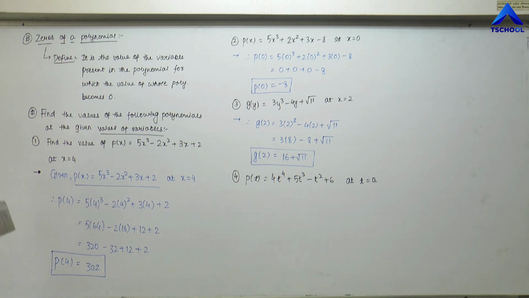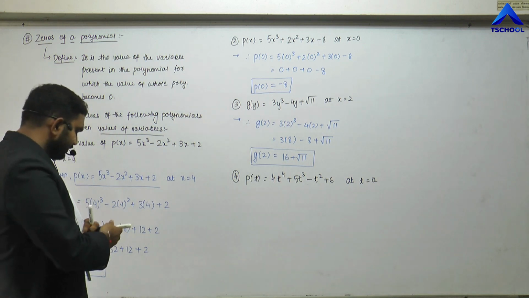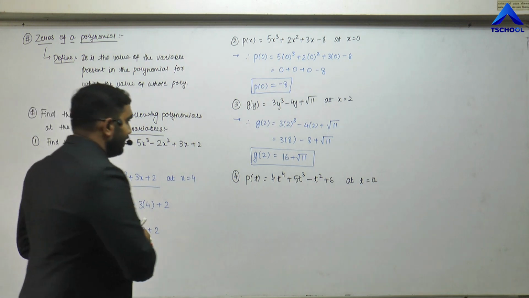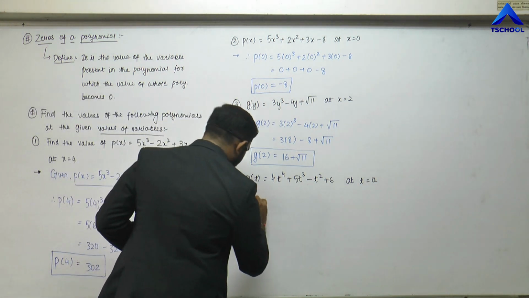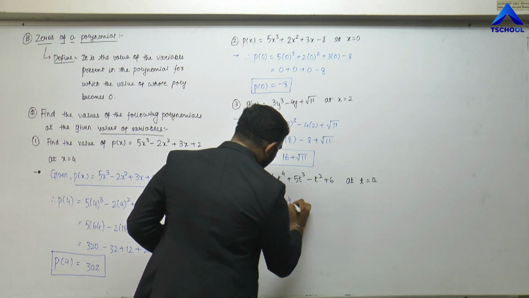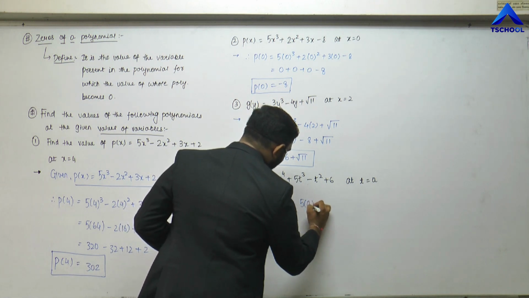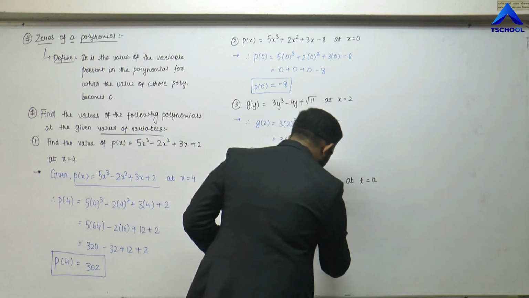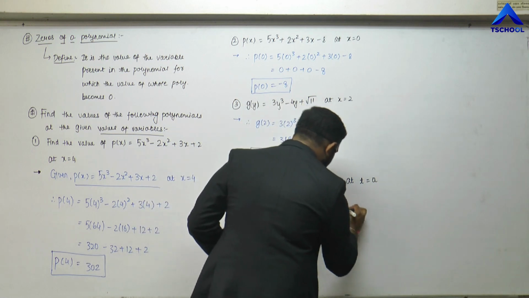That means you simply replace all the t's given in the question by a. That means p of a is equal to 4 into a raised to 4 plus 5 into a cube minus a square plus 6.